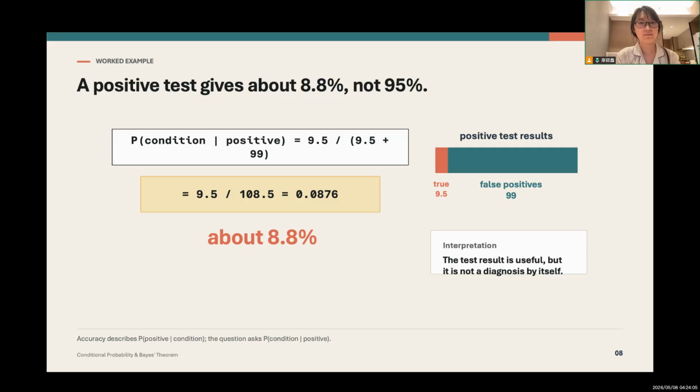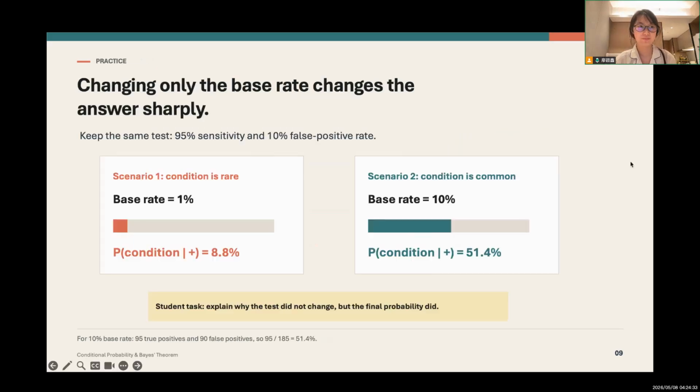The result doesn't mean the test is useless. A positive result still gives important evidence, but it also does not mean we should jump immediately to certainty. In a real medical situation, this would usually mean follow-up testing and professional interpretation. So the mathematical lesson is, when the condition is rare, false positives can dominate the positive group.